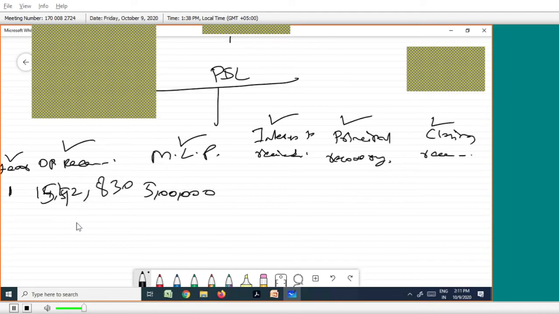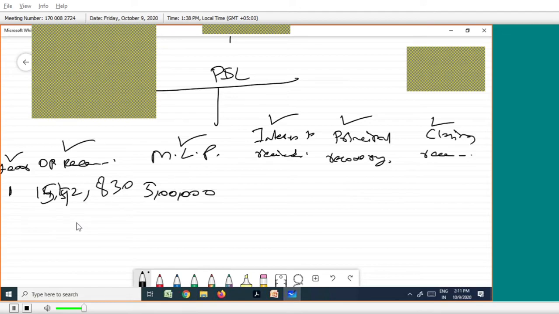So out of my total MLP of 5 lakh, the interest received is 1,44,383. Balance is my principal recovery, that is 3,55,617.